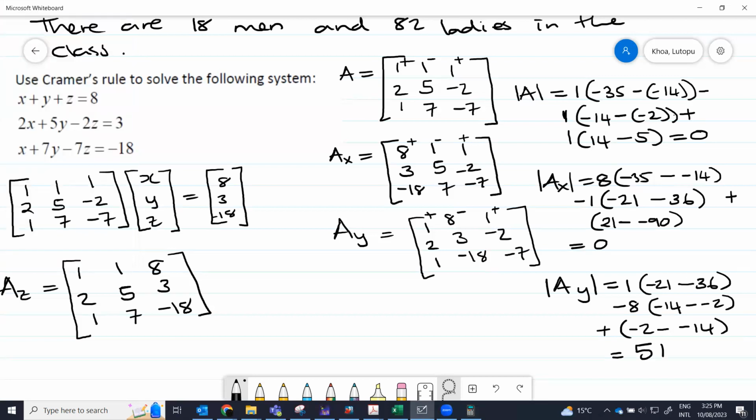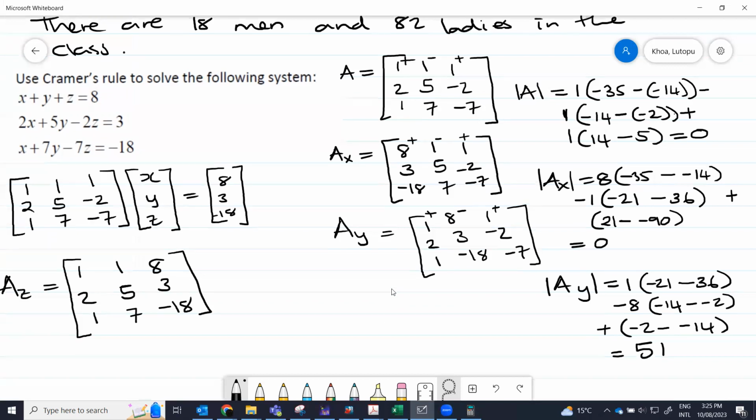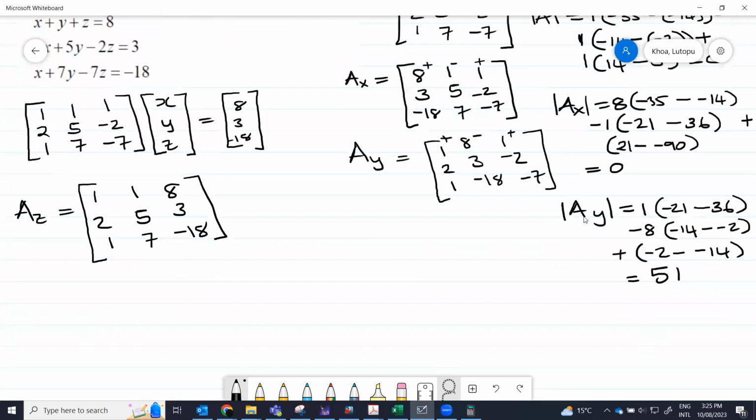Then our last determinant, okay, if we go along the first row, this one is 1 multiplied by 5 times negative 90, that's negative 90, minus, so remove the row and the column, minus 21.